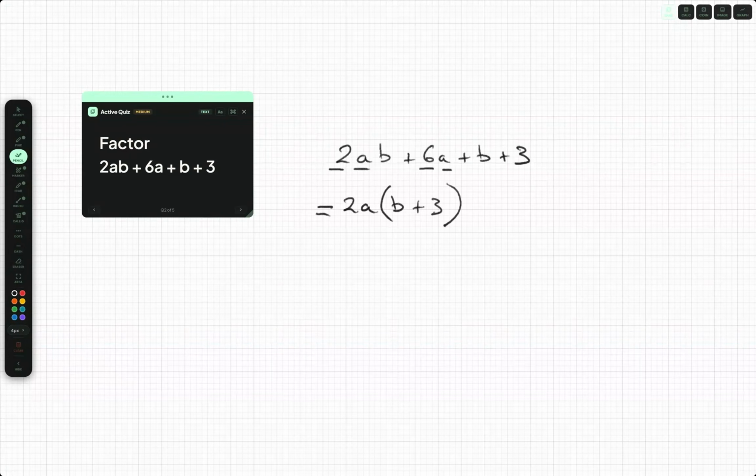Then we've got b plus 3, which is what we want to end up with. We can always again factor out a 1, so b plus 3 is left like that, and we factored by grouping, and we can end up with 2a plus 1 multiplied by b plus 3.